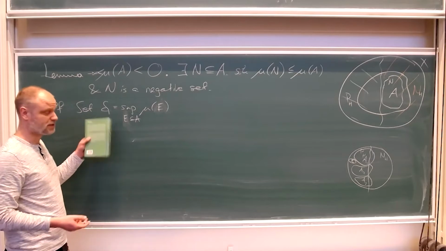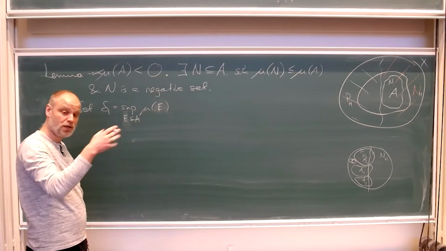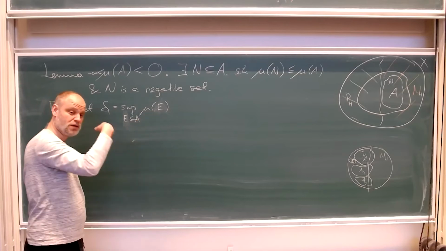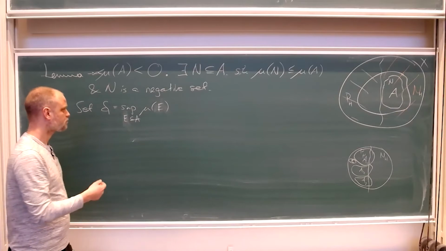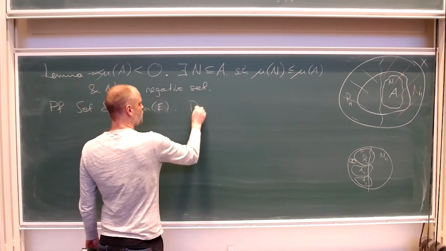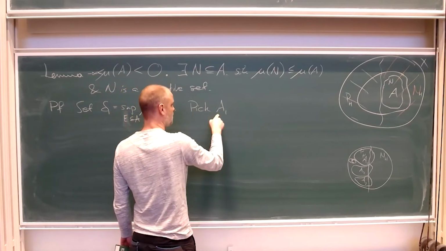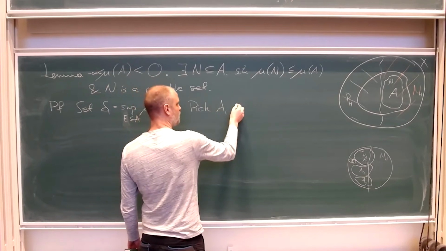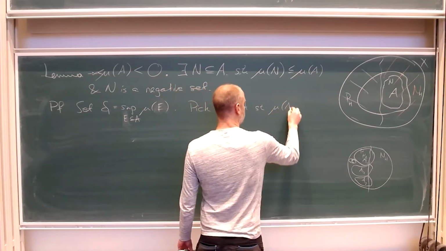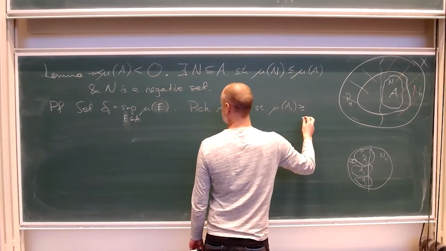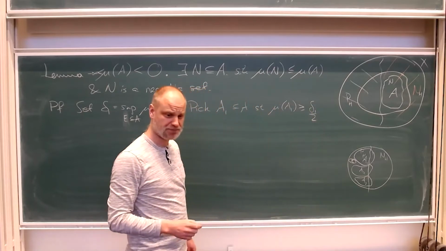Because if delta 1 is equal to 1, we're not certain that there are sets E such that mu of E is equal to 1. We just know that there are sets E such that mu of E gets arbitrarily close to 1. So we can always pick A1, a subset of A, such that mu of A1 is bigger than or equal to delta 1 divided by 2. We can do that.